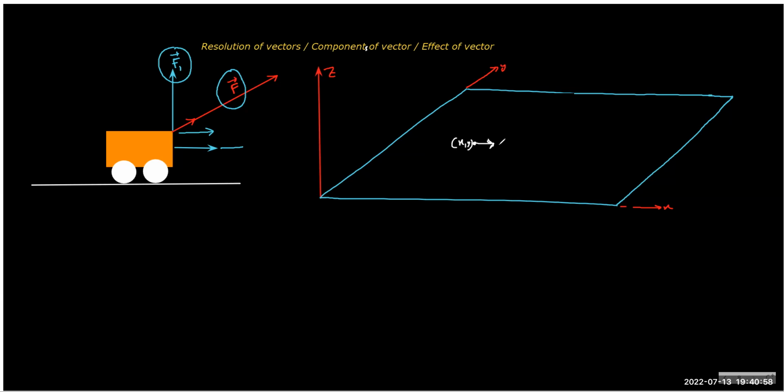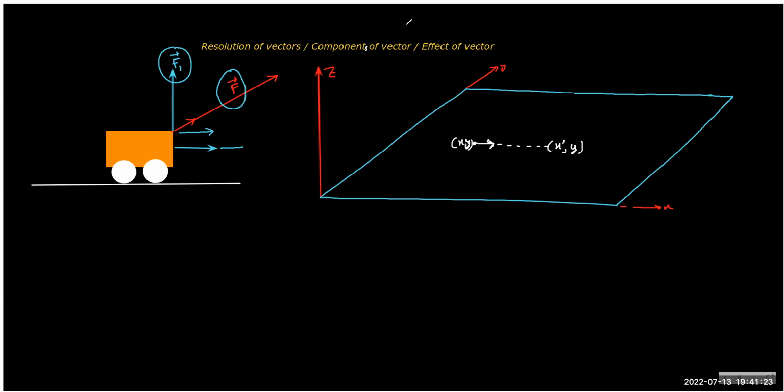As this point moves further and further, X will change, yes or no? Yes, sir, it will change. What about the y coordinate? Change or not change? It will not change. Very good.